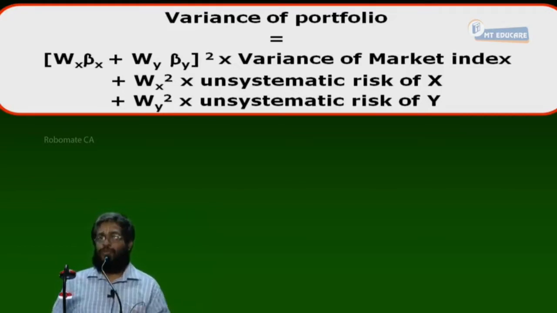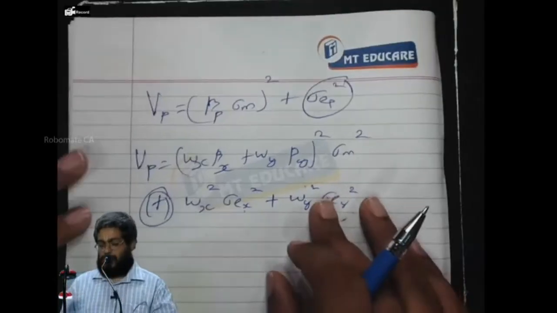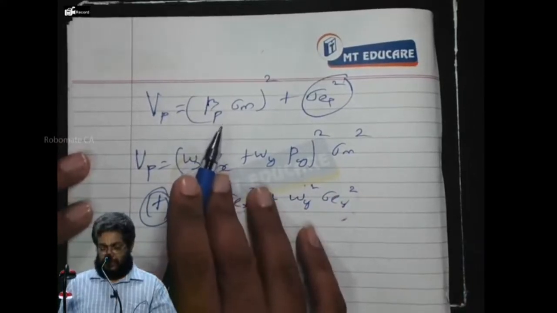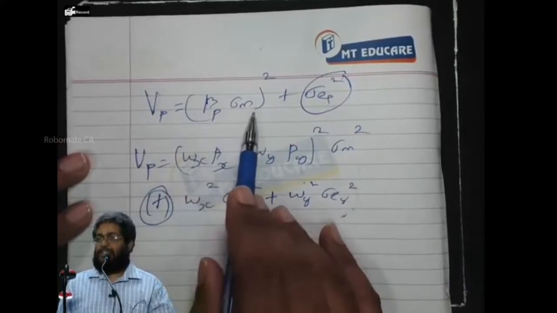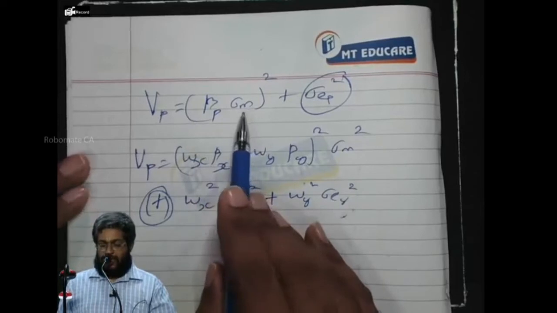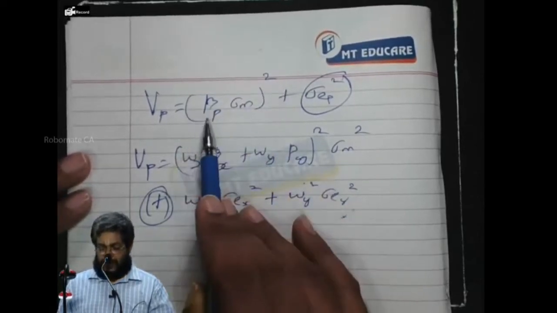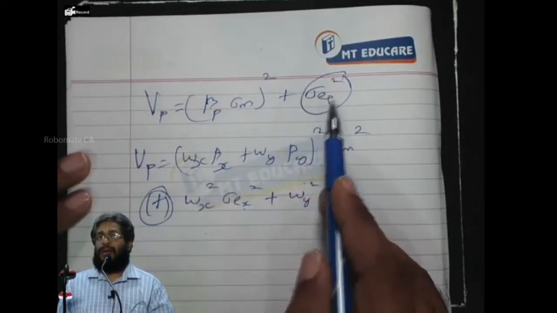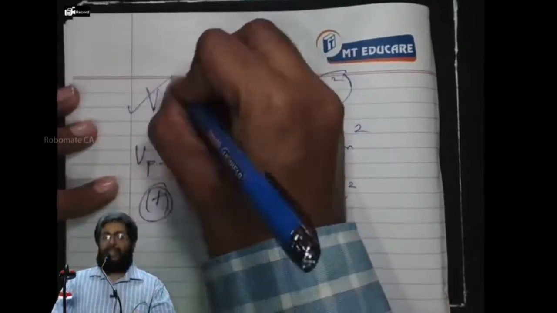Let's write one by one. Variance of portfolio is equal to beta P sigma M, the whole square, where beta P is the beta of the portfolio and sigma M is the standard deviation of the market, plus sigma EP square.